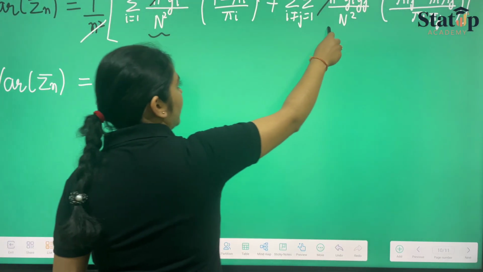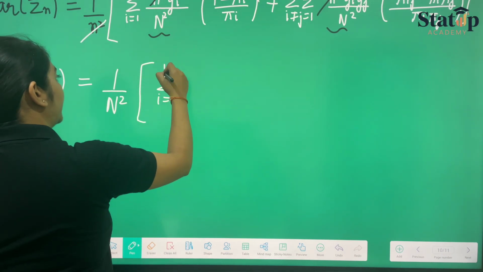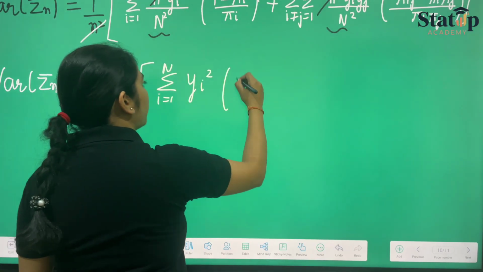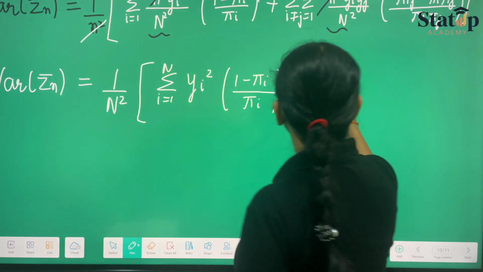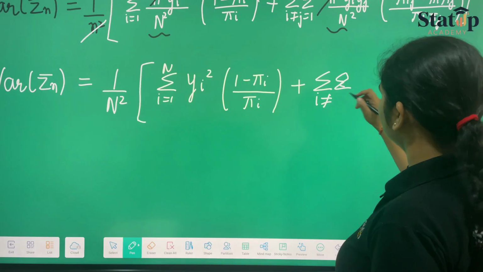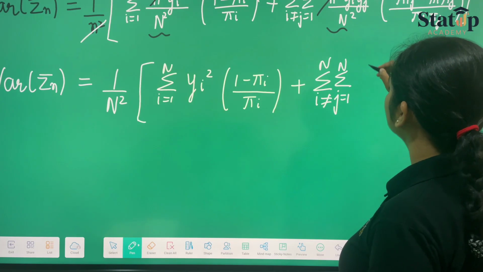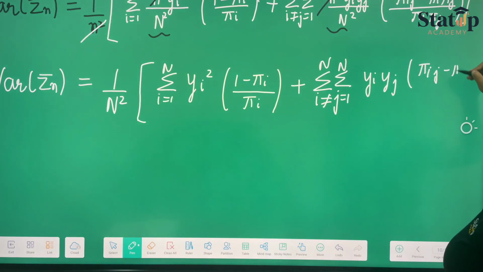Capital N is here also and here also, we can take it common outside, and summation i goes from 1 to capital N yi² (1 minus πi) upon πi plus summation i not equal to j, summation j goes from 1 to capital N, yi yj (πij minus πi πj) upon πi πj.